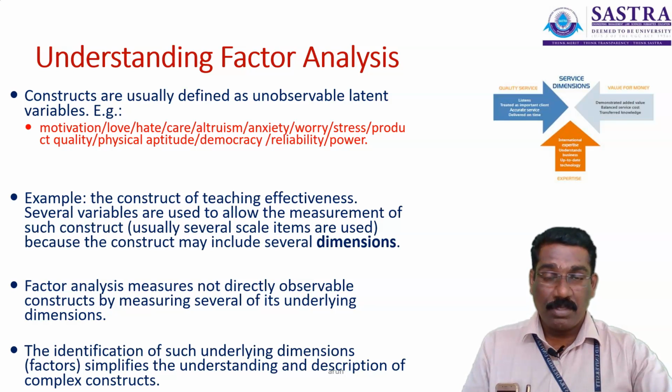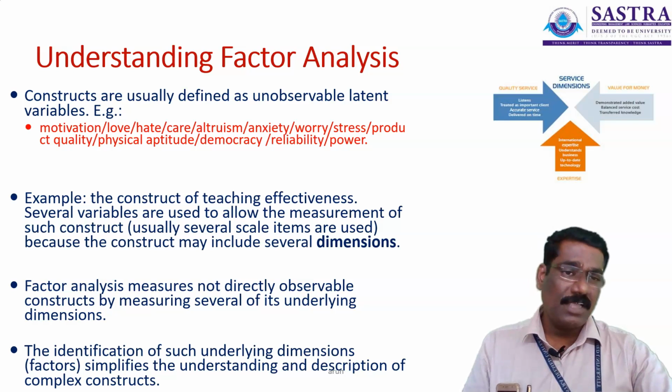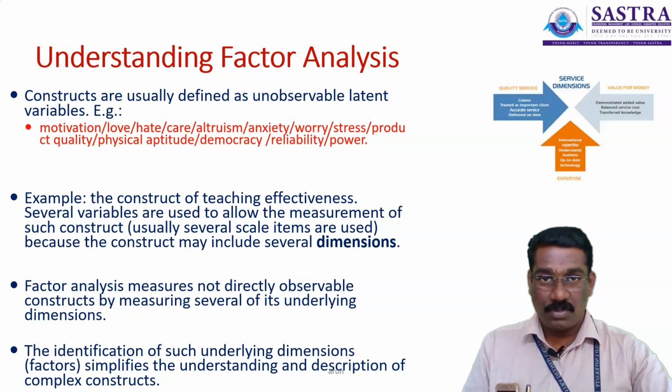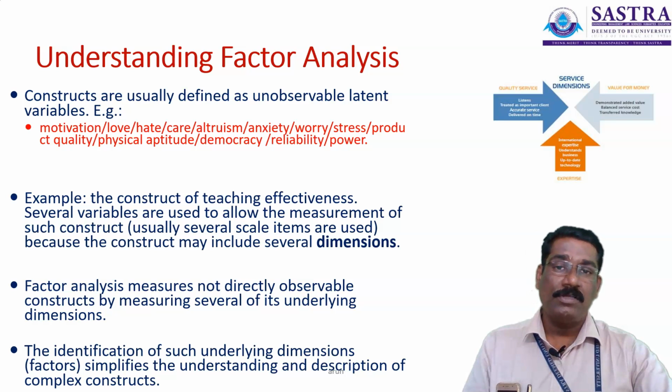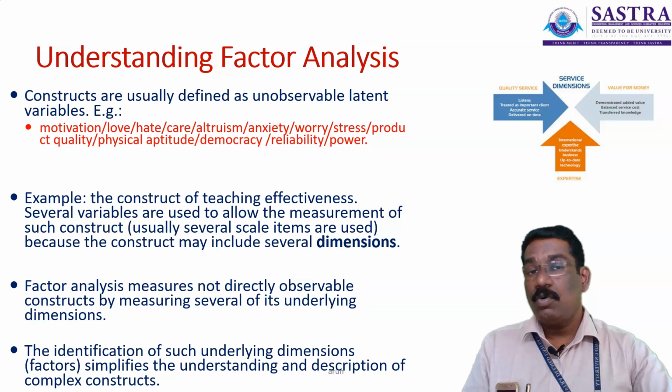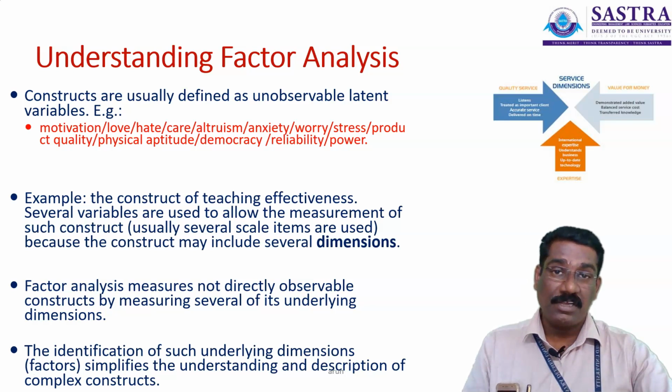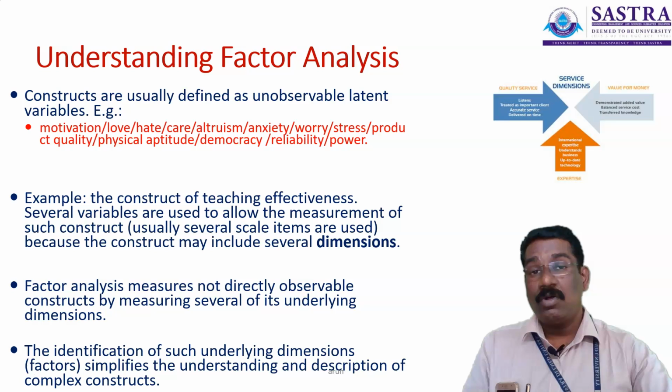A group of variables put together form a dimension. For example, convenience is a dimension. If we talk about a dimension called convenience in service quality, we can quote the example of a bank that opens and operates 24 hours a day, and also opens on Sunday.